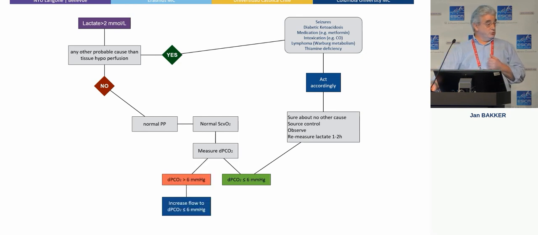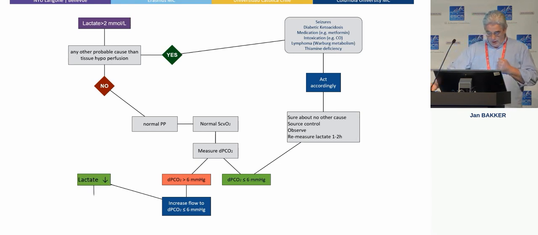If the delta PCO2 is abnormal, then you have an indication there is a decreased flow, and then you optimize flow with either fluids or dobutamine or milrinone or whatever you want to use. This should be normalized, and so less than 6. And if you're still right that the lactate is a perfusion problem, this should result in a decrease in lactate.